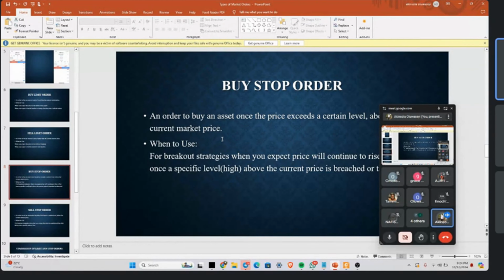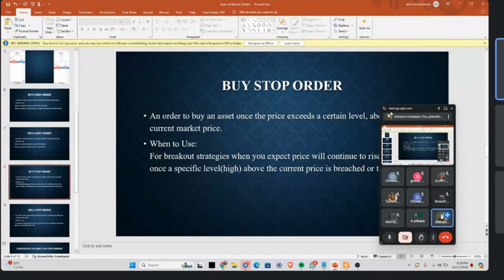For example, the market is currently at 5 naira per dollar. You can set your buy stop for when the market reaches 6 naira, and you are not expecting it to go below 6 naira again. Once the market reaches there, whether you are with your phone or not, your broker will kick you in for a buy. Simple as ABC.